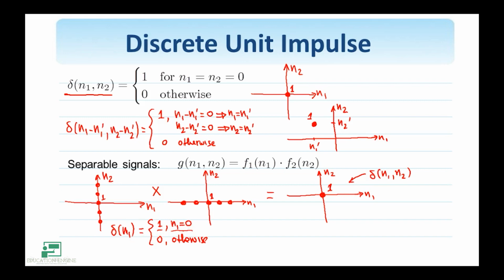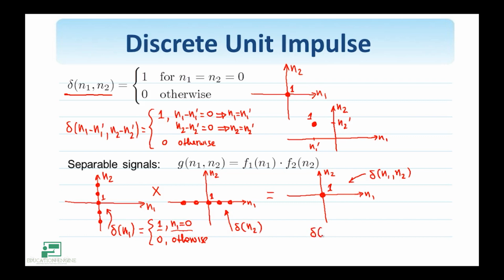So N1 equals 0 on the vertical axis. N1 equals 0 here, here, here, here. So this line of impulses is represented mathematically by the function delta N1, and similarly this line of impulses is a delta N2 signal.